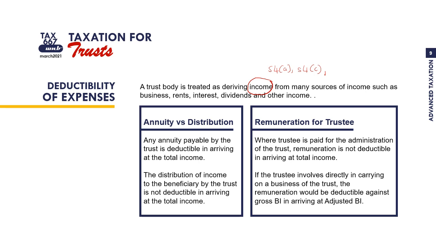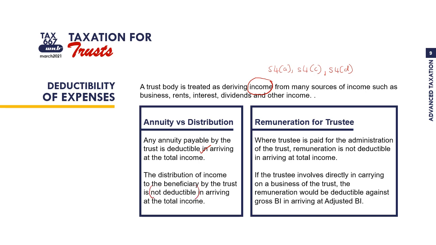And a trust can get income from rental, which is section 4D. What about expenses? Here we have annuity versus distribution. Annuity payable is deductible, while distribution made to the beneficiary is not deductible.